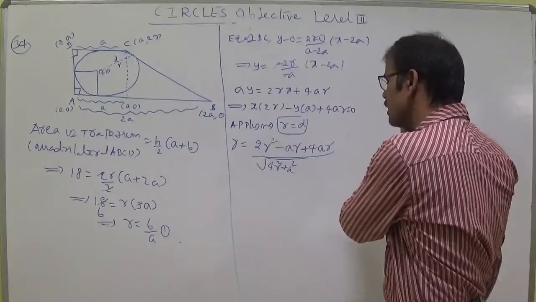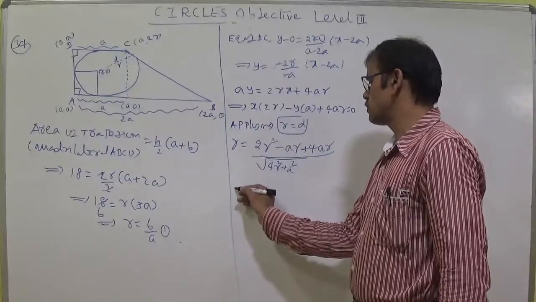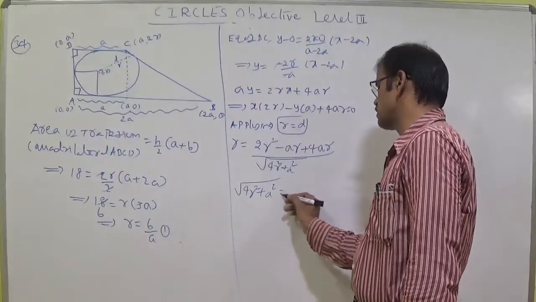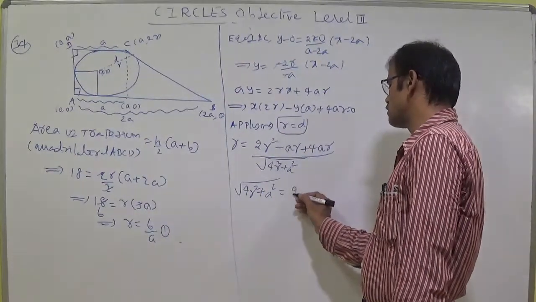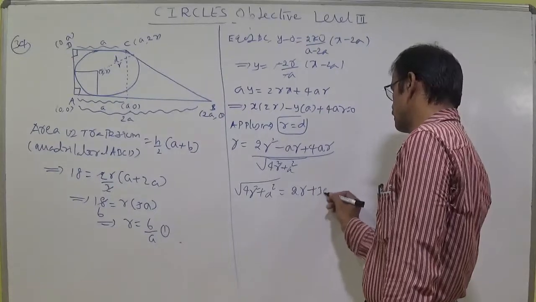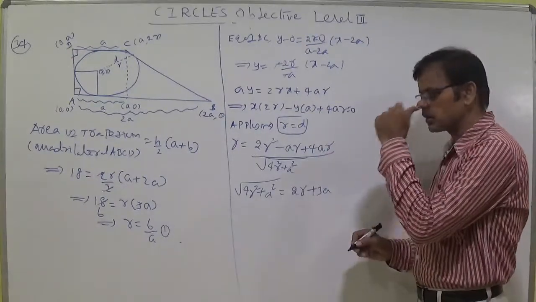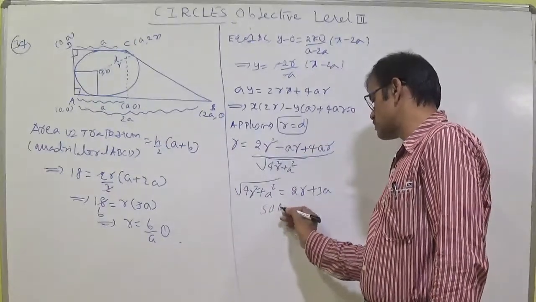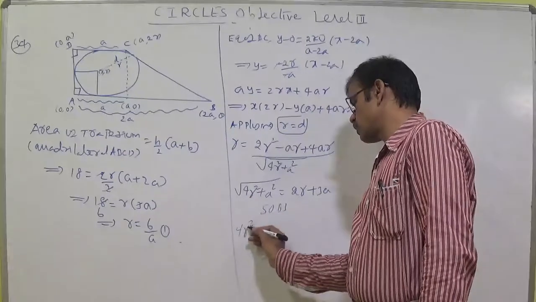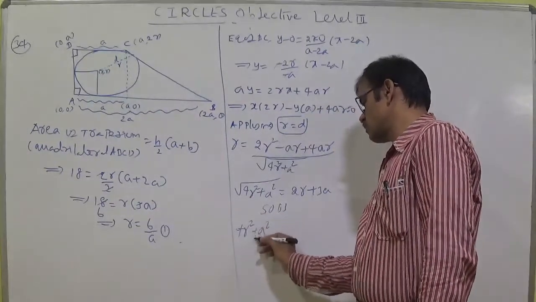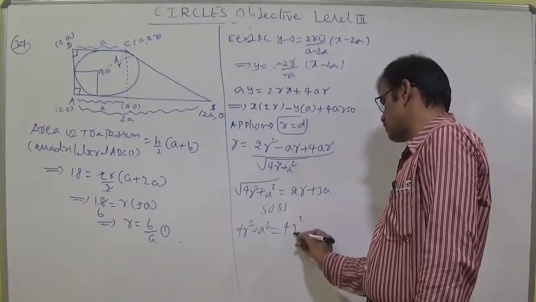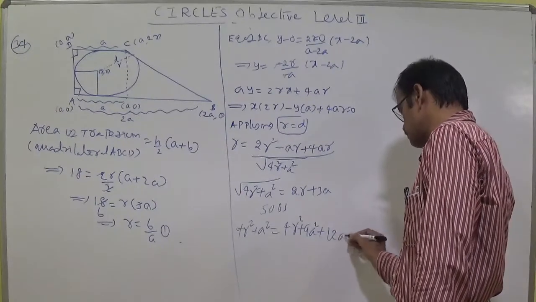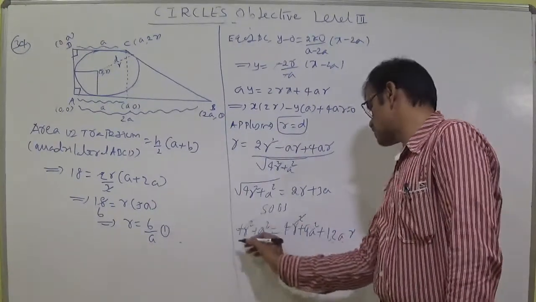Here 2r square plus 3ar. So root of 4r square plus a square is equal to 2r plus 3a, because 4r minus r becomes 3r, r gets cancelled, r is never equal to 0. By squaring both sides we get 4r square plus a square is equal to 4r square plus 9a square plus 12ar. 4r square gets cancelled.